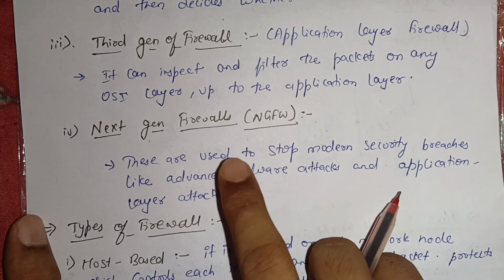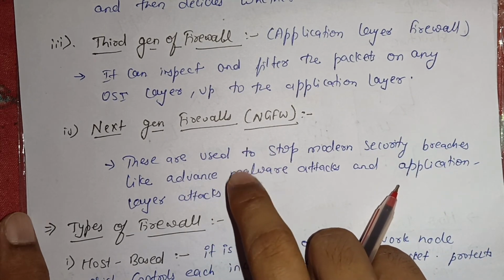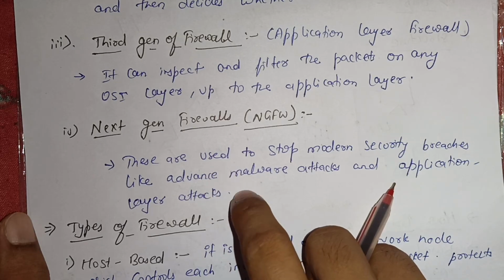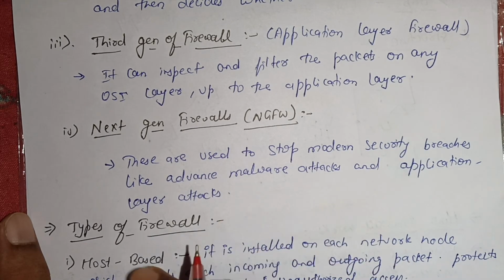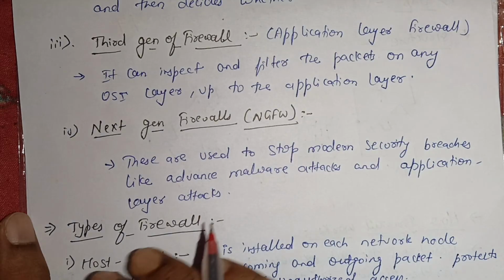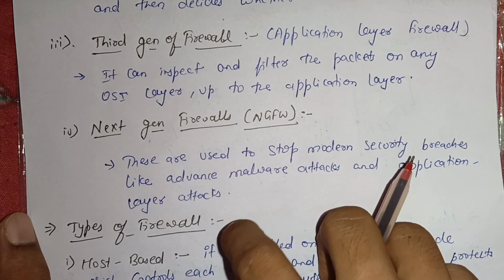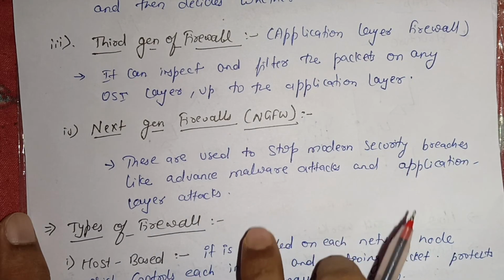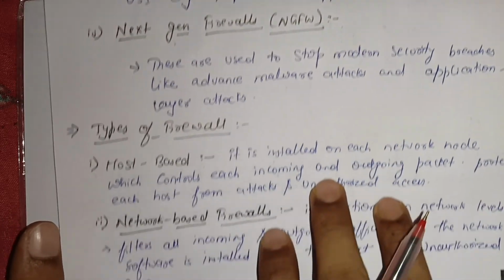By using this next generation firewall, the data is secured, and there are certain criteria and 4 to 5 levels. After that only, the user can access or fetch the data of the organization.